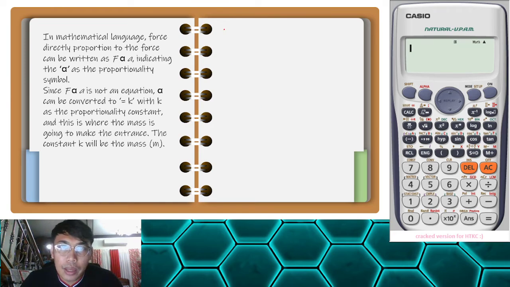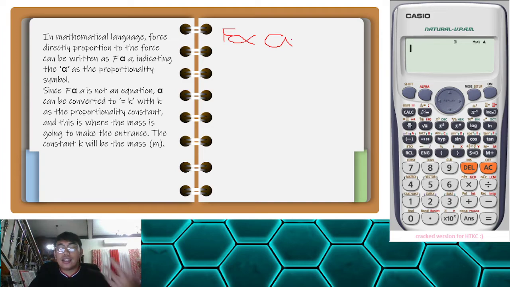which was told by Newton's second law, that force is directly proportional to acceleration. The acceleration is directly proportional to the force applied. So this one is what we call the proportionality symbol.